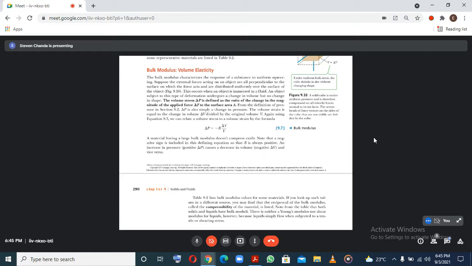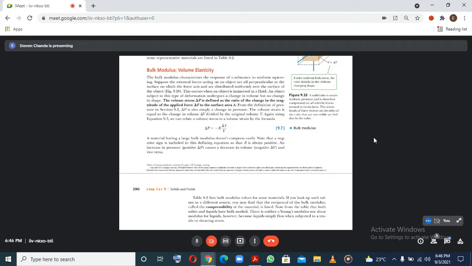Rather, they give you the compressibility. And then someone says they didn't give me the bulk modulus. It means that you've not appreciated the relationship between the bulk modulus and compressibility. So please always remember, compressibility is simply 1 over the bulk modulus.